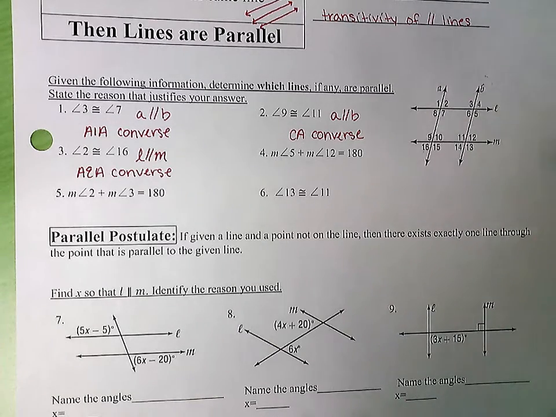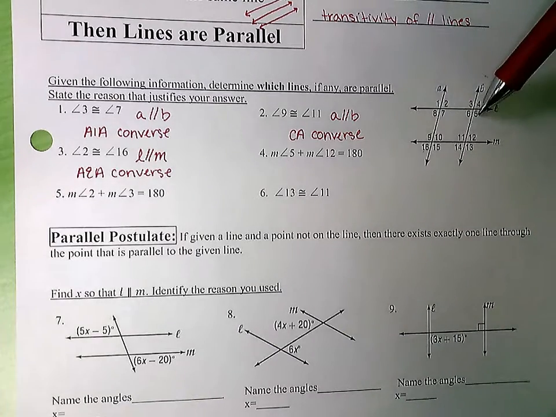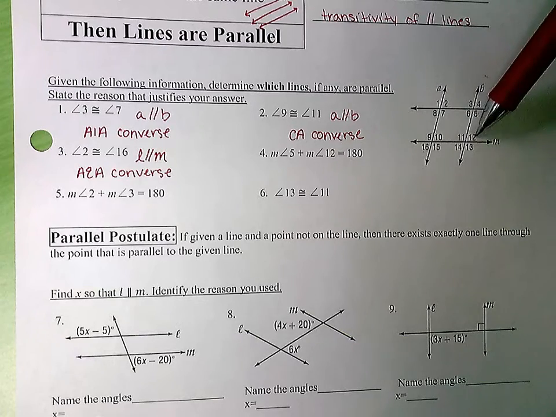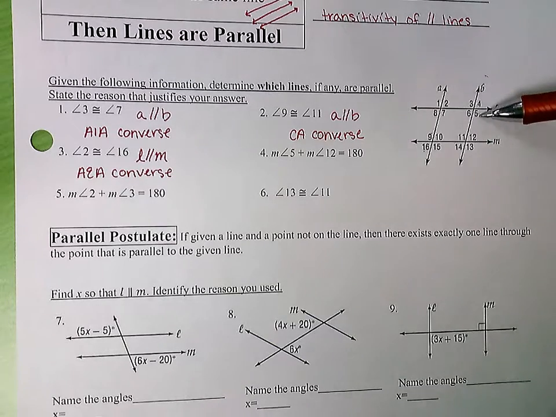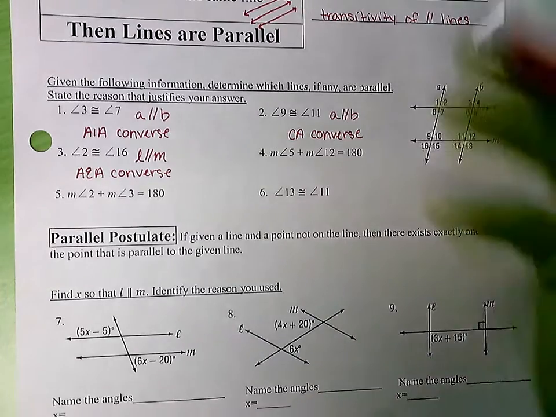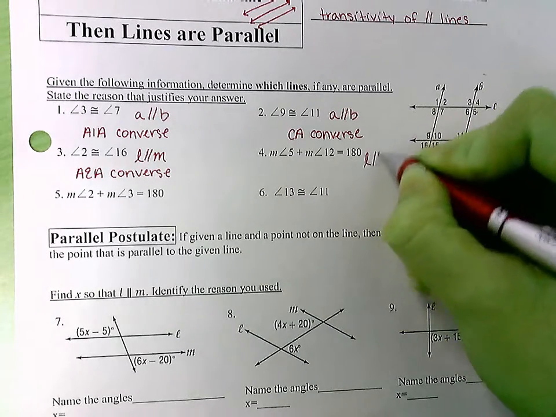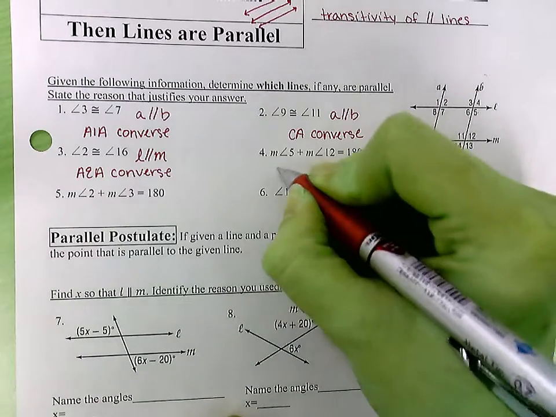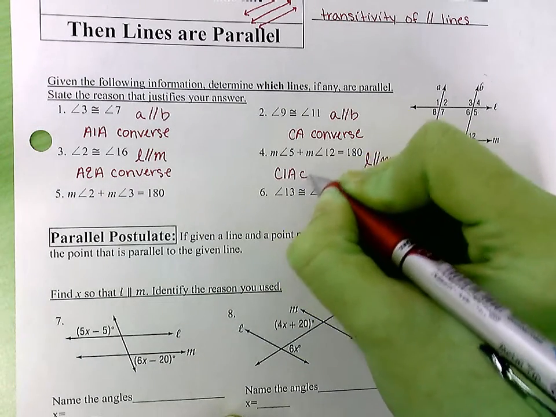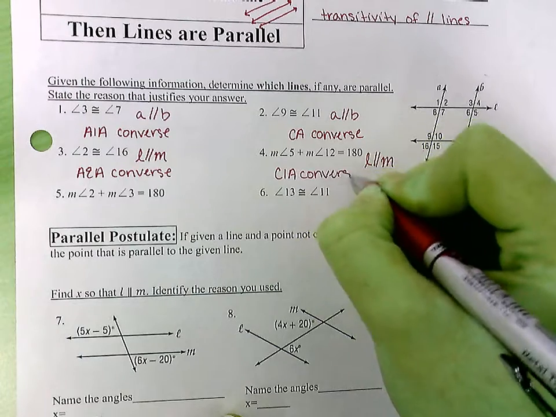Number 4, we have the measure of angle 5 plus the measure of angle 12 equals 180. Those two angles are consecutive interior angles. Your parallel lines then would be line L and M. Since they are consecutive interior angles, we'll use that converse.